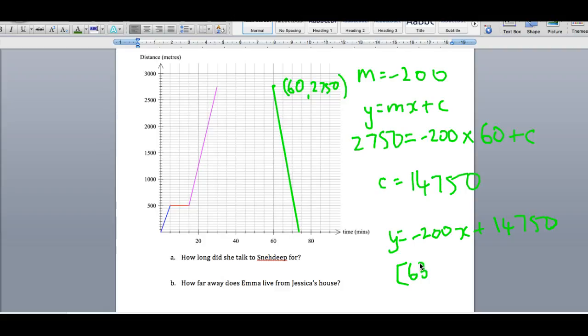Oh, no, sorry, 60 to 73.5. Now you don't have to do that on your test. If you do have to write the equation of a line, you don't have to restrict what we call the domain. So just because this line doesn't keep going, it starts at 60 and ends at 73.5. But that is something that if you go into methods that you need to actually understand.